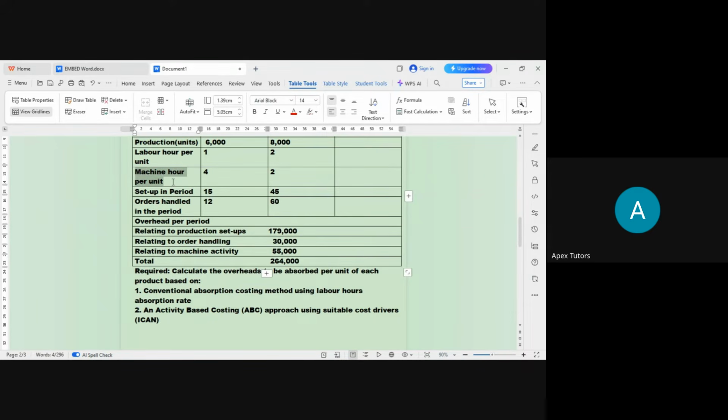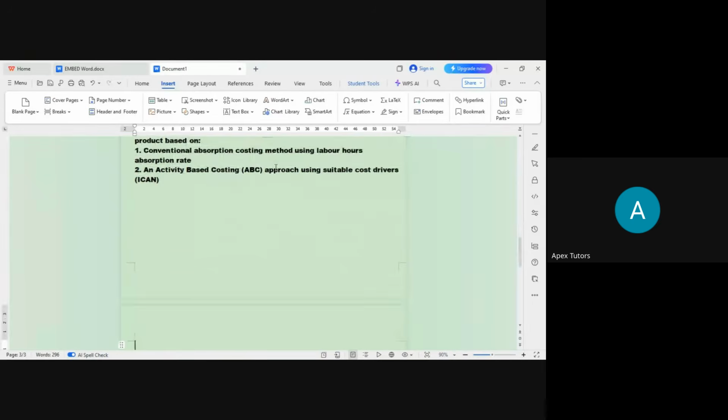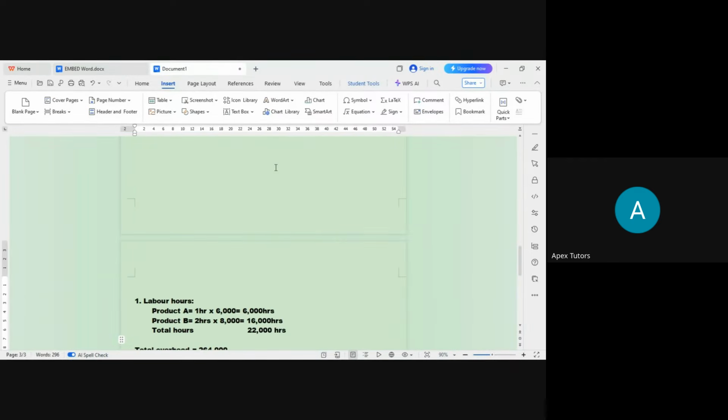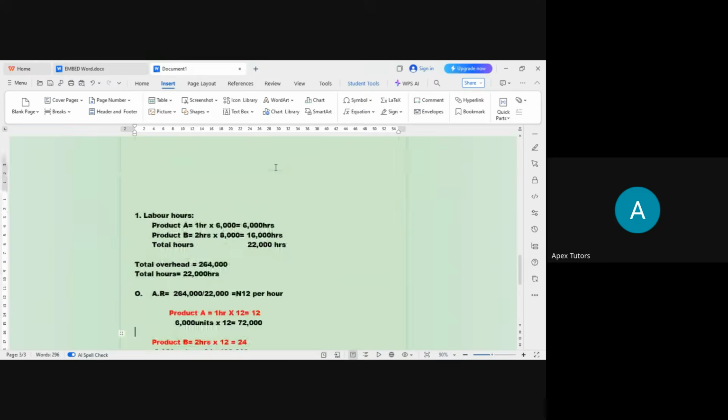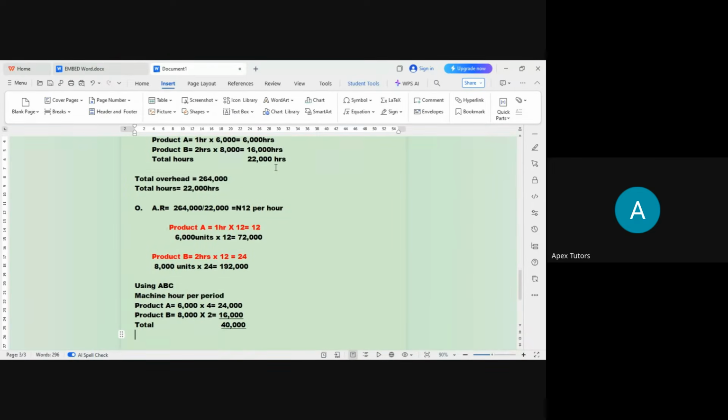Machine hour per unit. Because it's per unit, we've linked it to the number of units produced for A. We've linked 2 to the number of units produced for what? For B, which is 8,000. We've multiplied it. And when we treated that, the total hours in terms of machine, we derive what? Total hours in terms of machine, it's 40,000. You can see that. 40,000.